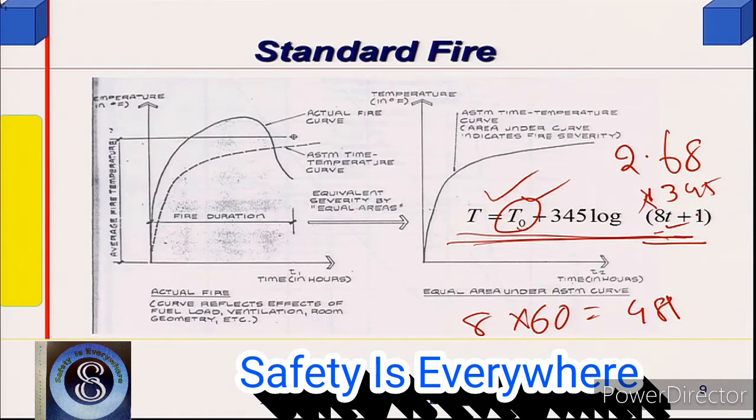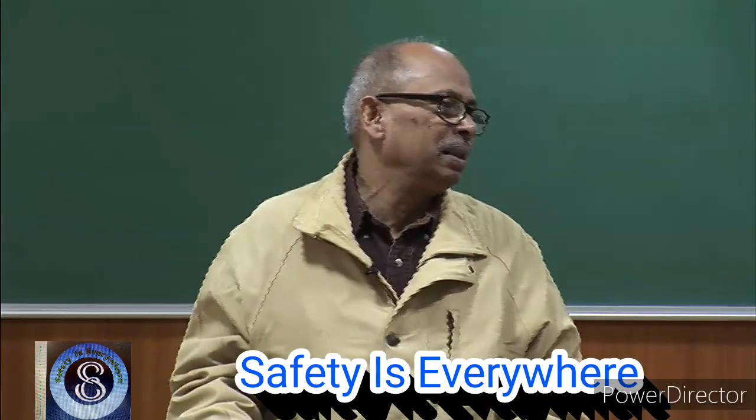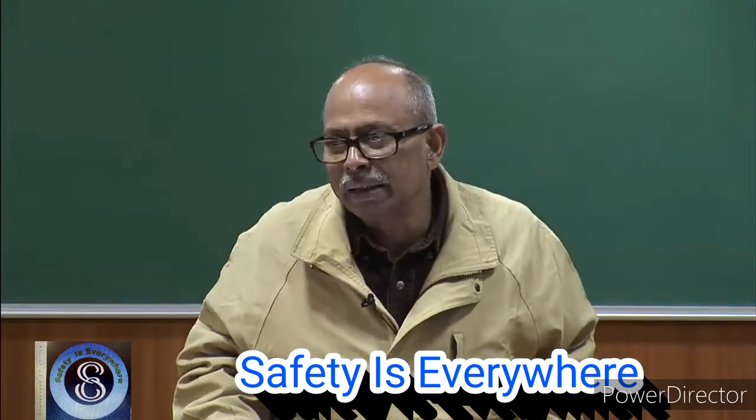So it will come to close to 1000, 900 and something. So, you see this is a standard time temperature curve. Now, this is used to define fire resistance.